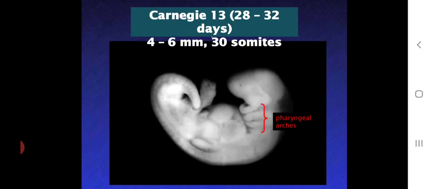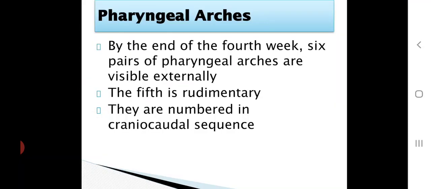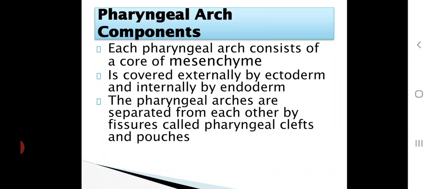You can see the pharyngeal arches again in this image. At the end of the fourth week, 6 pairs of pharyngeal arches are visible externally. You should number them in the craniocaudal sequence, but the fifth is rudimentary in form. Each pharyngeal arch, what does it contain?